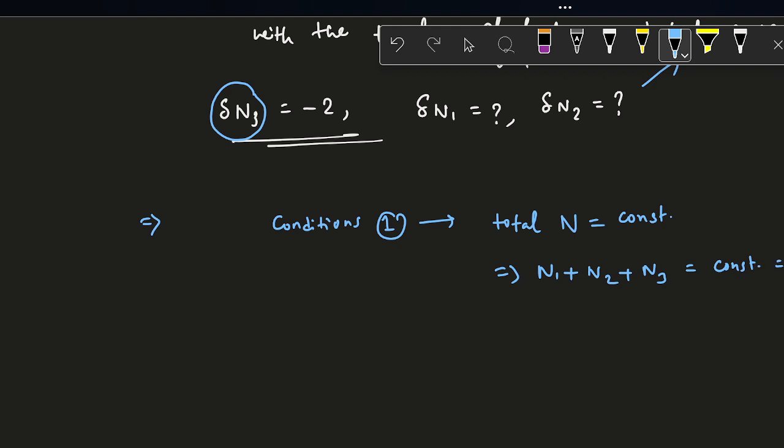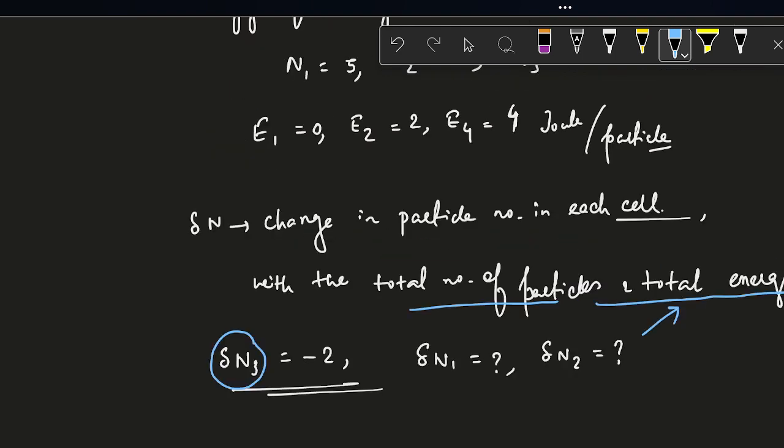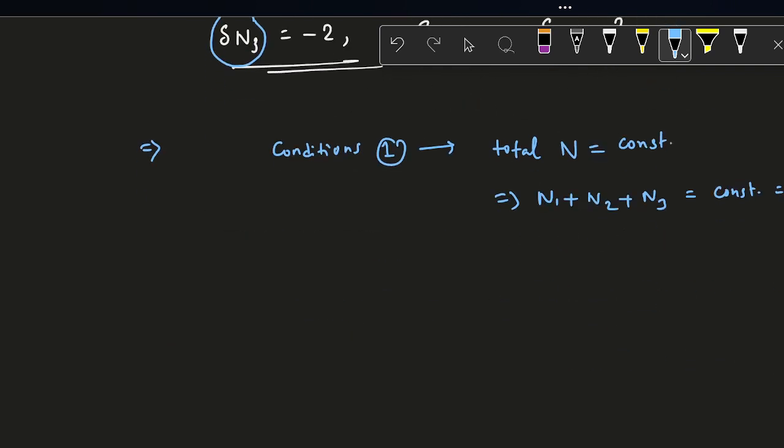It is 5 plus 3 plus 2 equal to 10. That is constant. So if n is constant, then we know that delta n equals 0. Derivative of n is just 0. And if delta n is 0, again we can express it as delta n1 plus delta n2 plus delta n3 equal to 0. So we call it our equation number 1.